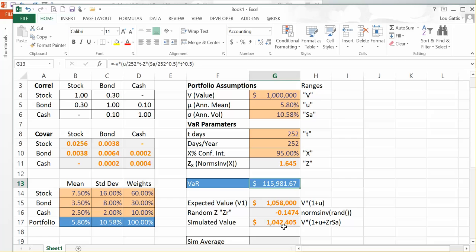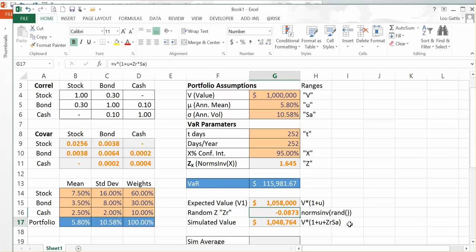Notice every time I hit enter in Excel, say I paste something here, the act of entering a number in Excel generates a recalculation, because recalculation is set right now to automatic. So every time I hit paste, I get a new random number.